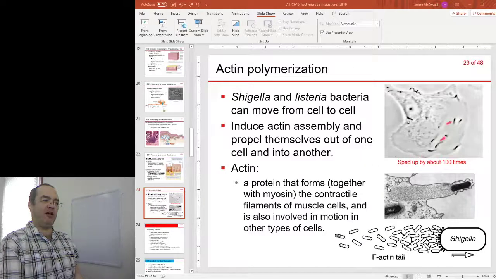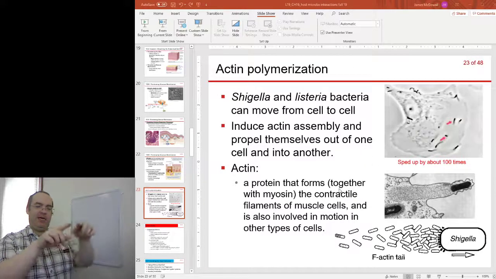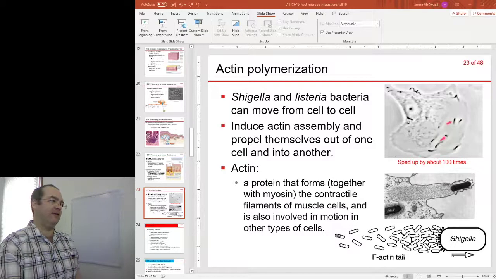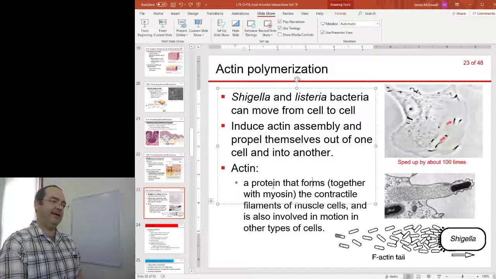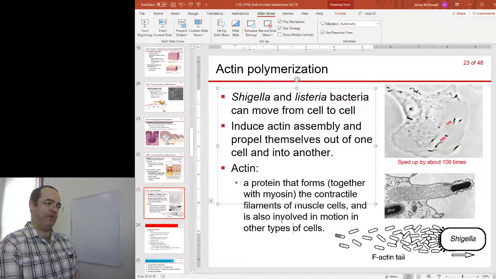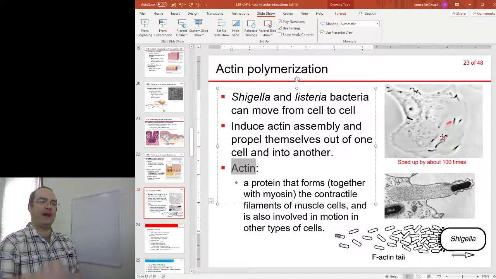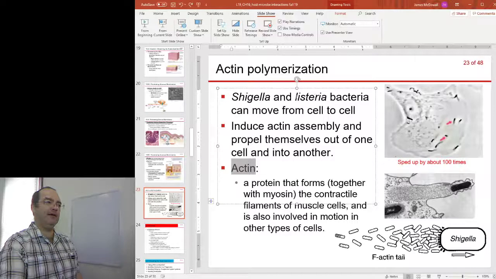They can propel themselves with enough force to leave one cell and penetrate the cell next to it. Actin is a protein that is important in the contraction of muscles. It's involved in the motion of other types of cells, and this mechanism is hijacked by the bacteria here.